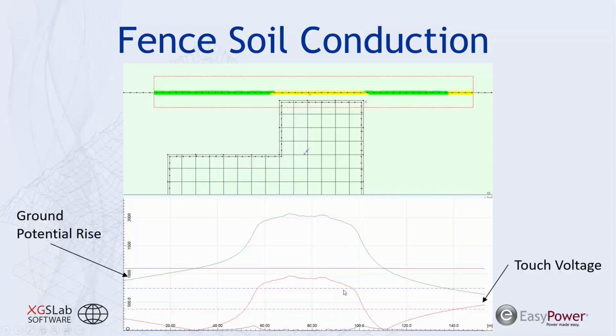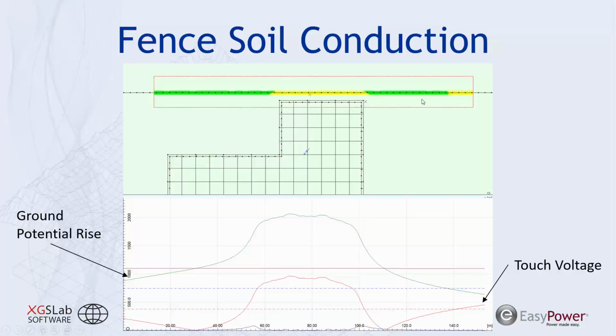And we can see when the ground potential rise starts to reduce as we leave the substation, our touch voltage to that fence drops to nearly zero at the point where the voltage of that fence metal is approximately equal to the ground potential rise, or that voltage on the soil right in this green area.